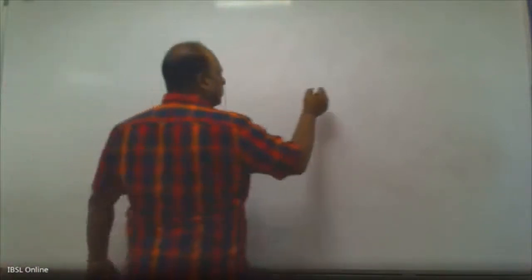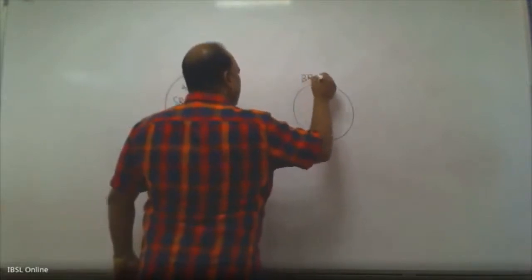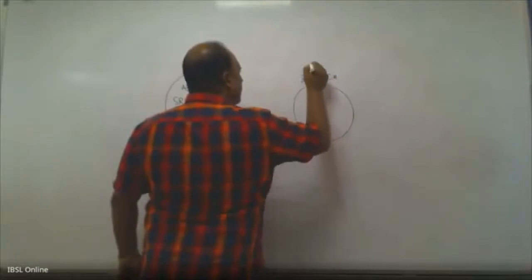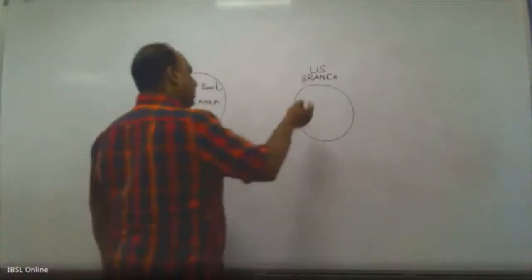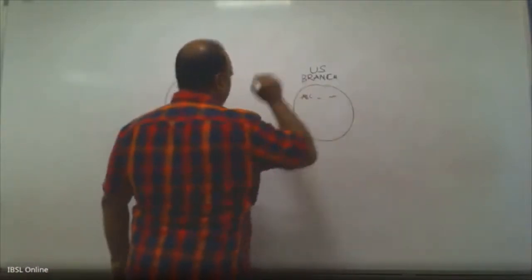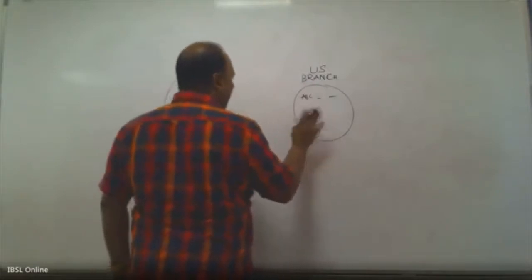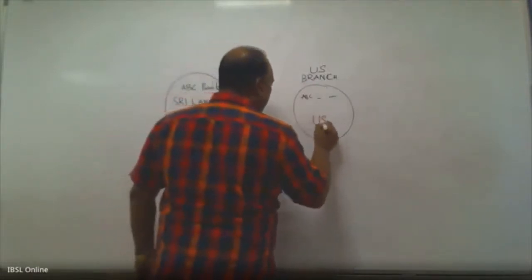Now you have a branch. This is ABC Bank's branch in US. We'll say US branch. They might have some same name of ABC something there. No, this is not a separate company. Please be mindful about that. Now there, the base currency is USD.